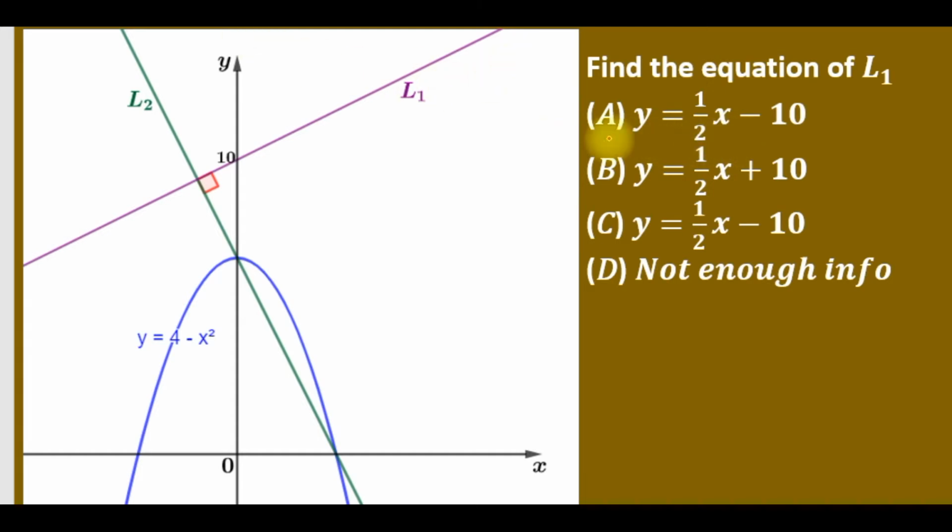So the first thing we have to notice is the y-intercept. At the y-intercept, x is 0. So if you substitute the value of x in any of these, it must give us the value of 10 for it to be the equation of this line.